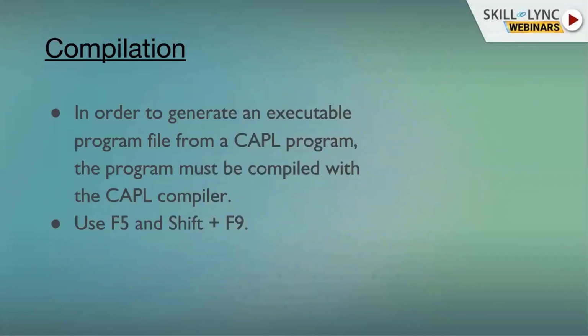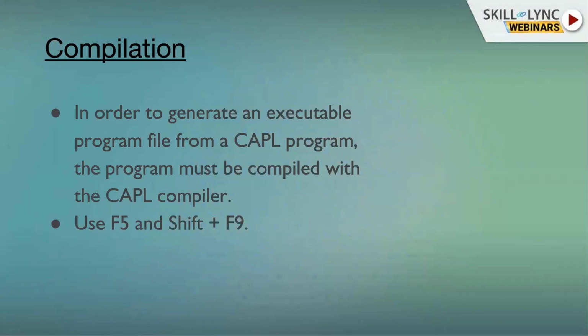So we have seen how we declare variables, timers and messages. Once you have done all that, how are we going to execute it in your CANalyzer? For everything, compilation is the process. It will compile the code and give the executable code to you. The same compilation process is taken here in CANalyzer also.